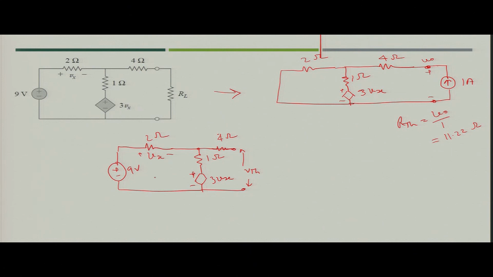You can simply write the loop equation and simplify to get the value of V T H. When you simplify, you will get the value of V T H as 7 volt.